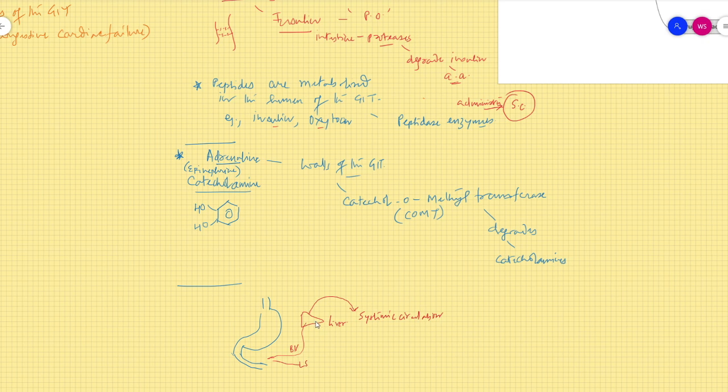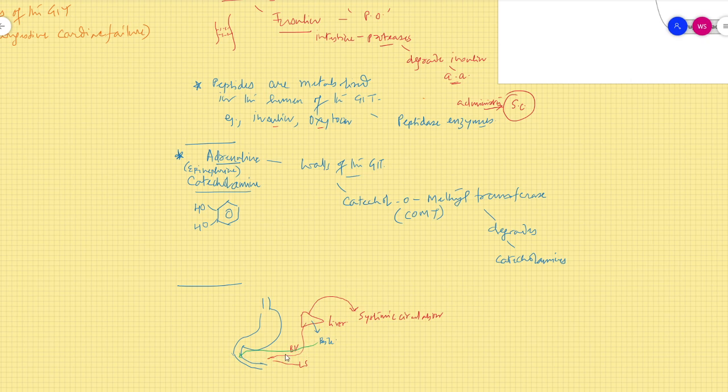Or what the liver does is it metabolizes it and then eliminates it into the bile, and through the bile it will be transferred back into the intestine. So we need to remember that this is what is happening.